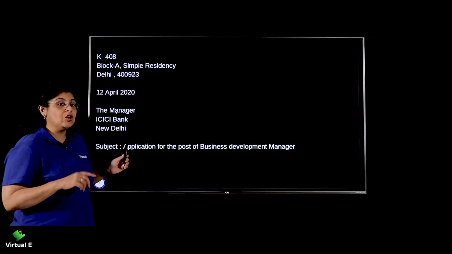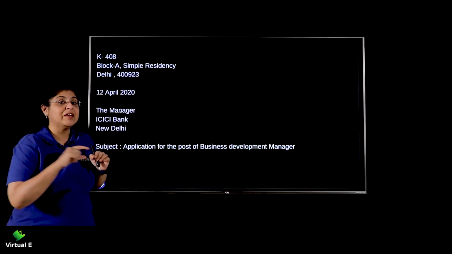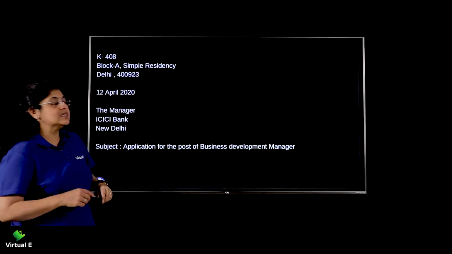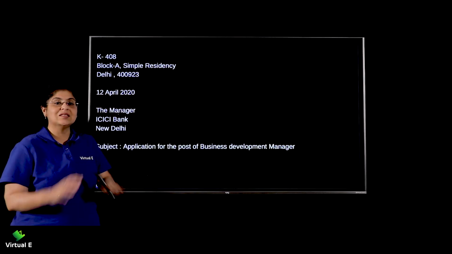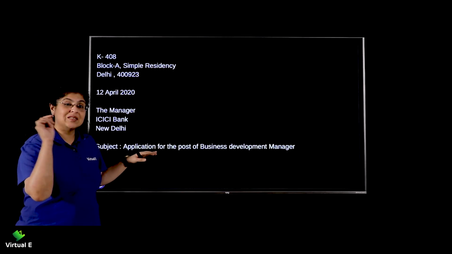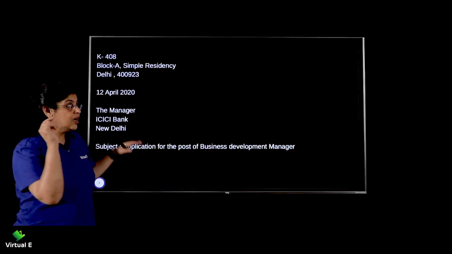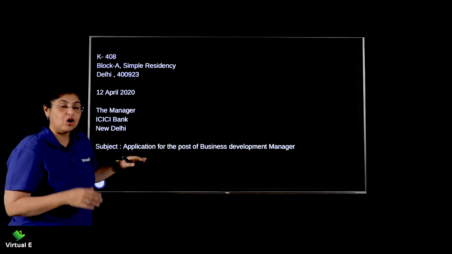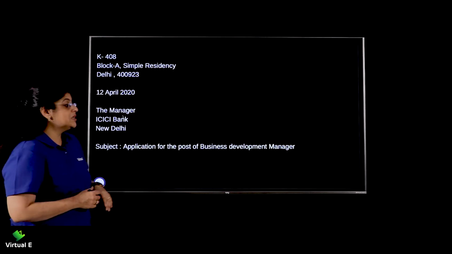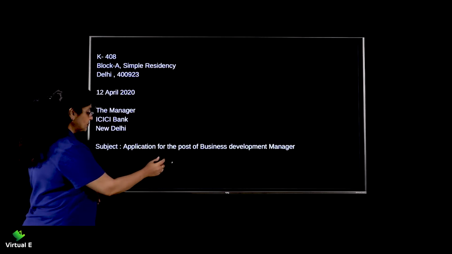Then the subject also, if you remember, we have to sum it up in one line: application for the post of business development manager. That's it. It has to be short and precise. You have to exactly write what you are writing this application for.